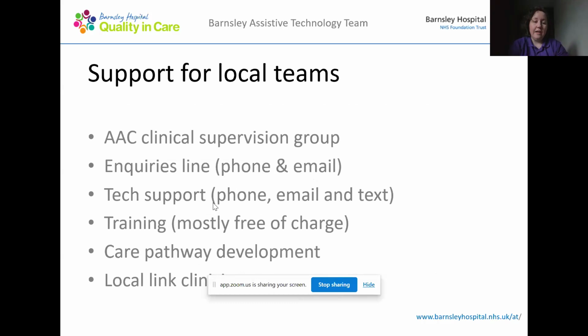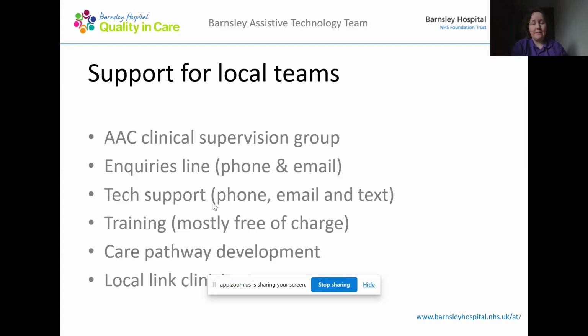So we have a clinical supervision group, so we can support people who want to have support, peer support, for example. We're looking at getting together a group for people, for example, who want to support each other with talking about aphasia and AAC.